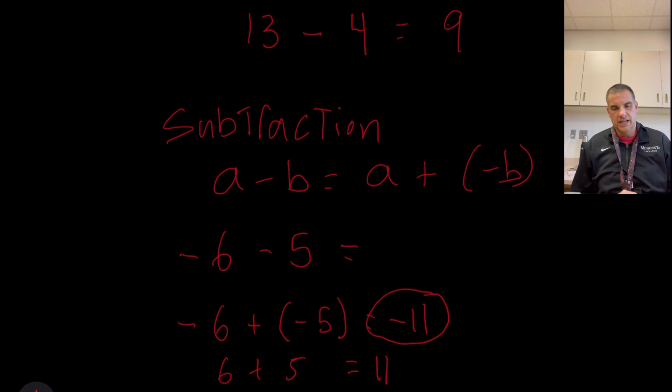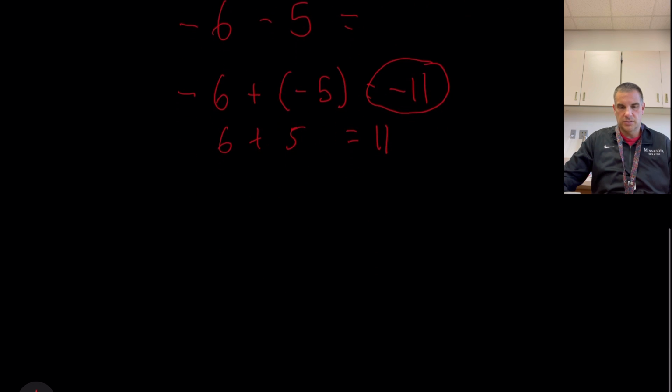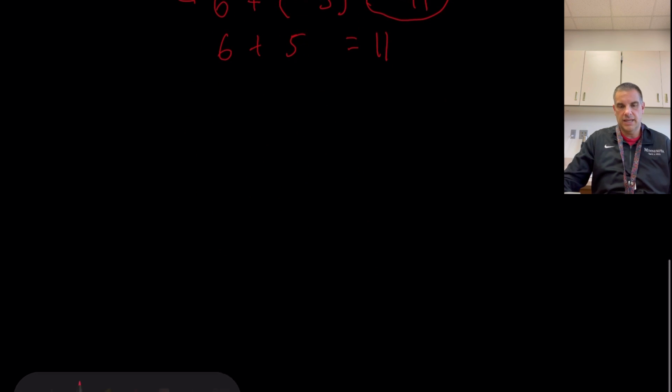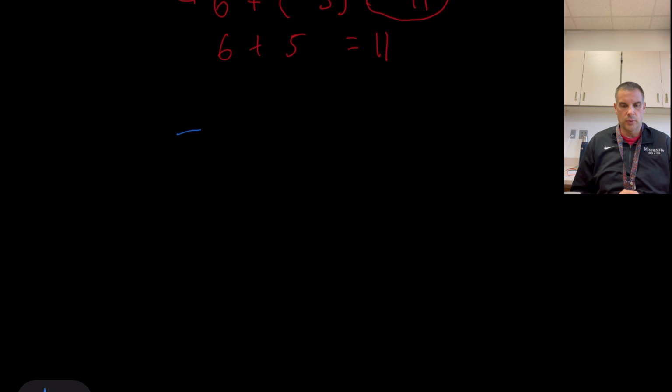So if we have negative 6 minus 5, our answer is just going to be negative 11. And that's really how all subtraction problems can be done, by using what we call the additive inverse.